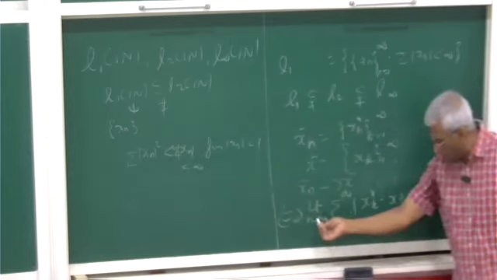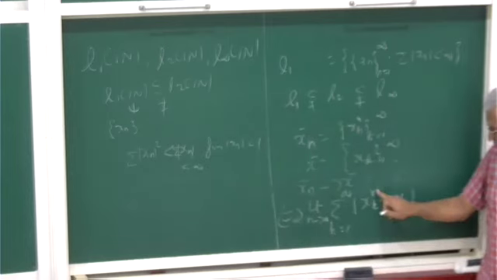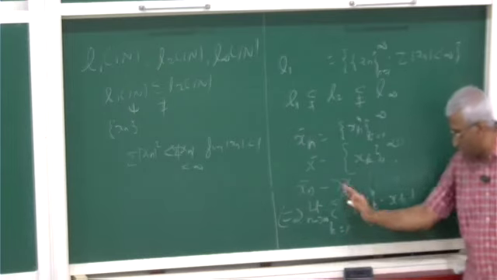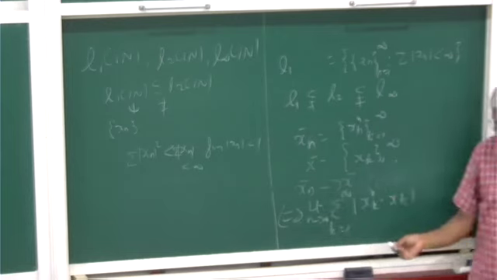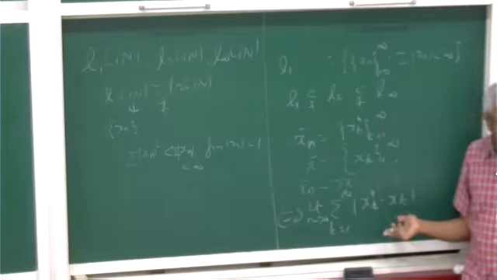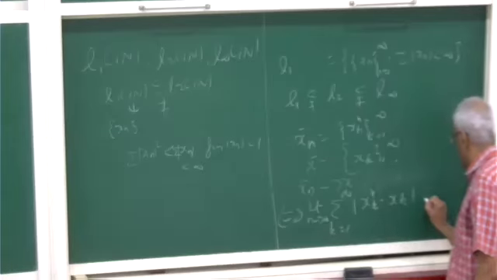The reason is you cannot take the limit inside. If xnk goes to xk as n goes to infinity for each k, that does not imply the infinite sum, which will be a function of n, goes to 0. This should go to 0.